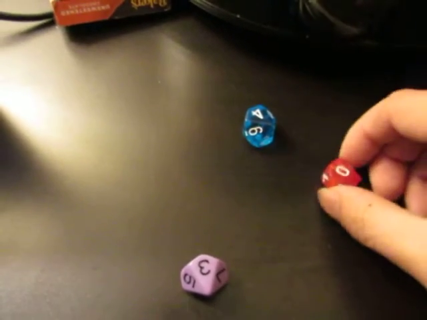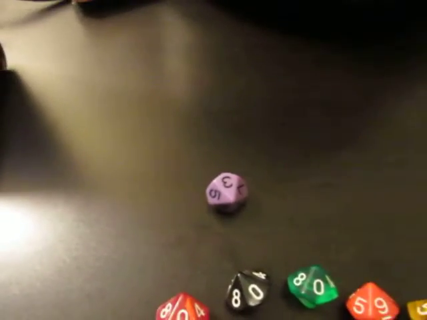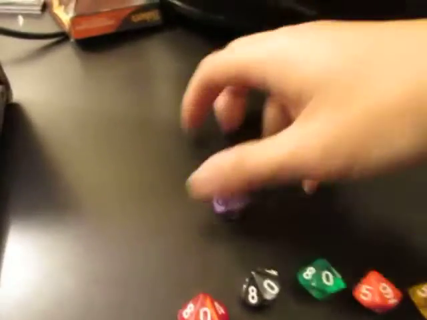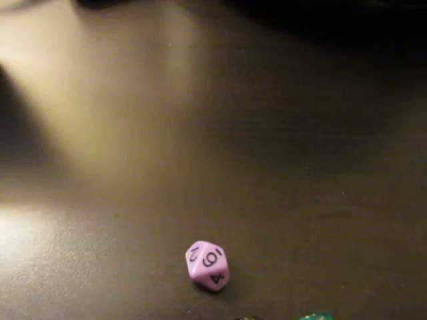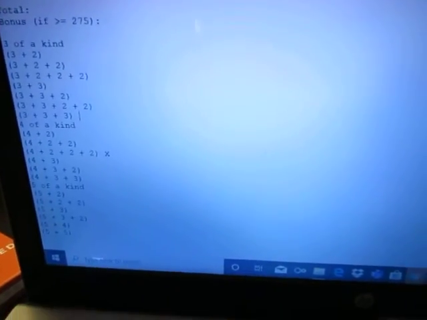We got another 0, so that's 3 of a kind with our zeros. We got a 4. So we got 3 of a kind. So we'll roll the last one. See if we can get a 4, 3, 3. What is that, a 6? Okay, so we got a 3, 3, 3. And we'll put an X over here.